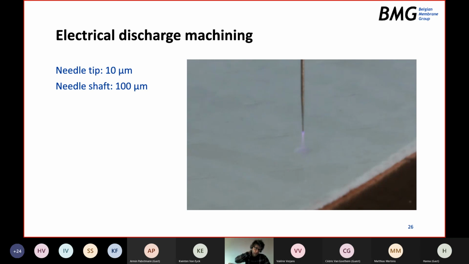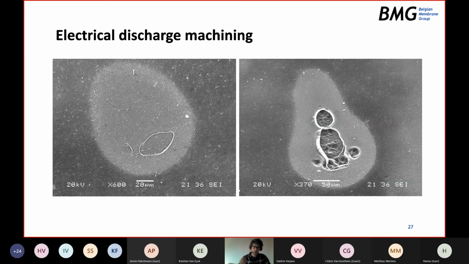And if we then look at those defects under the electron microscope, this is what they look like. They are still quite large so far. What is also interesting is that the active layer is not always completely breached, or at least it doesn't look fully breached. However, those samples are stained with iron and potassium, so some heavier elements compared to the membrane matrix.